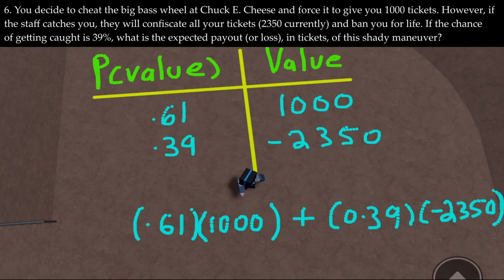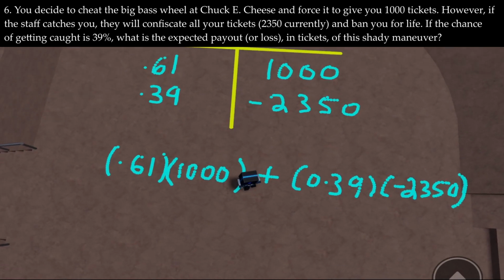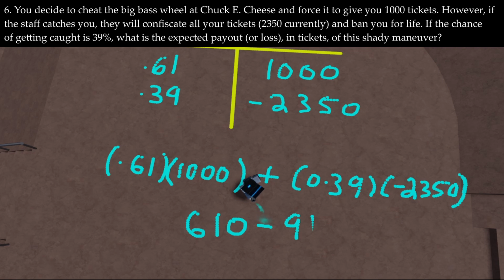And then now we just compute this. So 0.61 times 1,000 is 610 tickets. And then 0.39 times negative 2,350 is just minus 916.5. And then if you do 610 minus 916.5, that just ends up being minus 306.5. So minus 306.5 tickets.